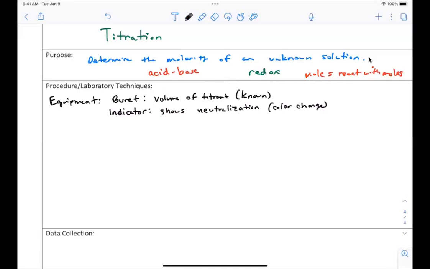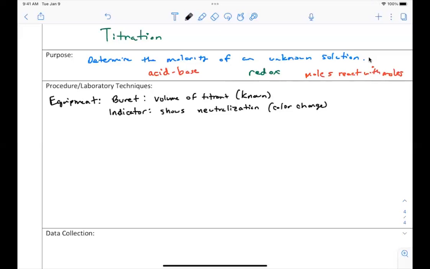Yes, Christoph. Yes, correct. Analyte is the one you're analyzing, or your unknown. Okay. Now, whether it's acid-base or redox, usually it's a color change that will signify when the reaction is complete. In acid-base, you usually add an indicator that changes, like phenolphthalein. Redox titrations actually change color themselves.